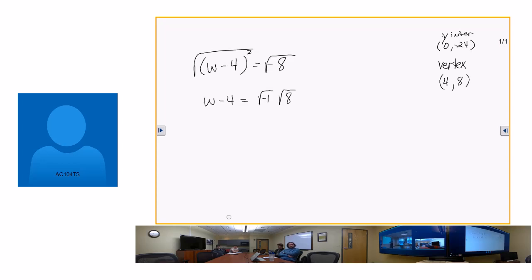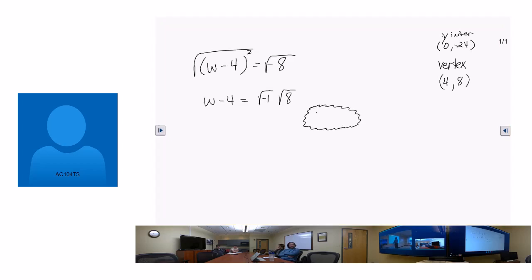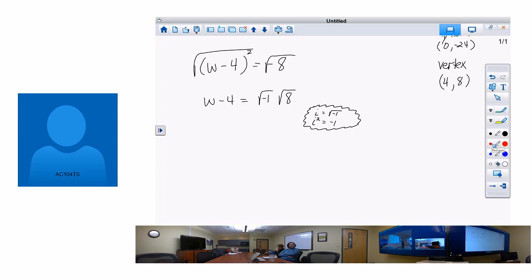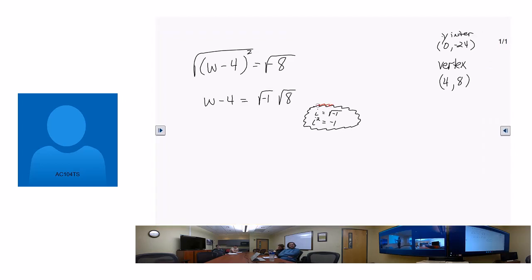And remember, there's two things you have to remember with i. Go back to 109. i is equal to the square root of negative 1, and i squared is equal to what? Negative 1. You need to remember that. Okay? So you need to highlight that.